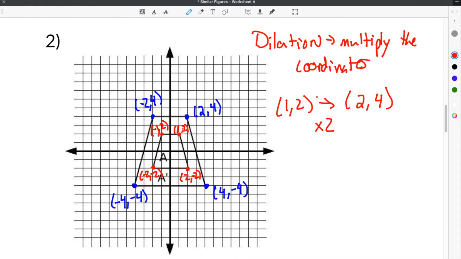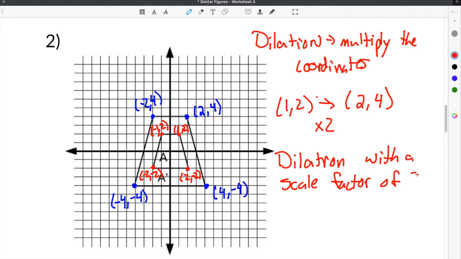So if you multiply all of your coordinates times 2, you will go from the inner shape into the outer shape. So the sequence of transformations to go from figure A into figure A prime would be a dilation with a scale factor of 2, and that would be the answer.